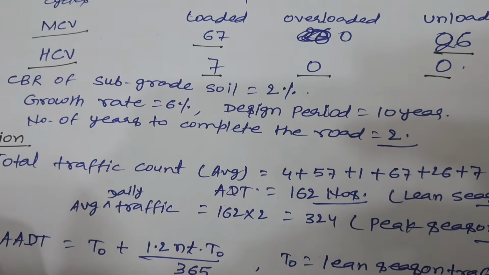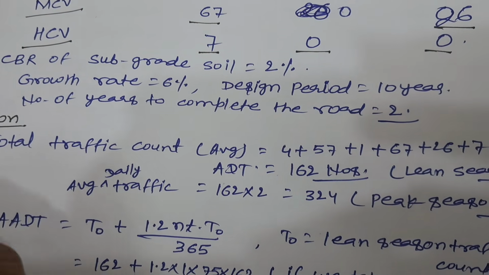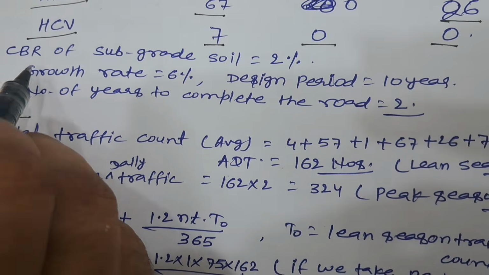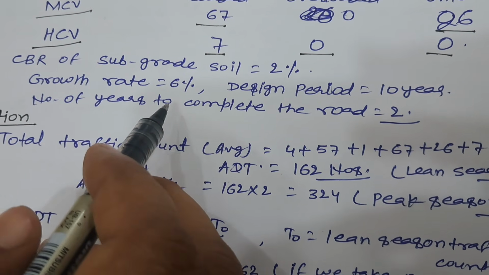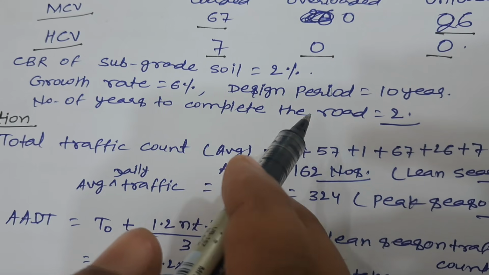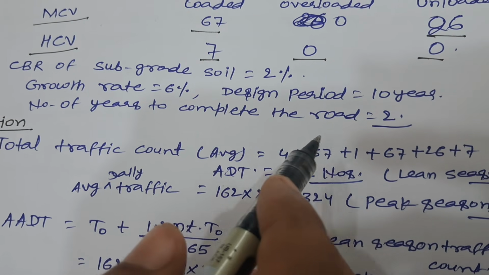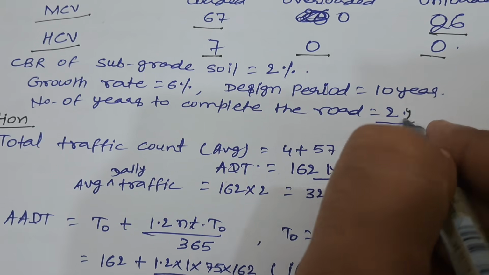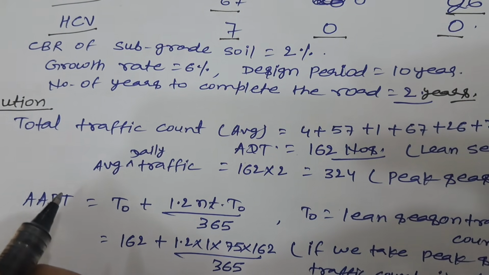Based on this data, we will design flexible pavement. Here CBR of subgrade soil is given as 2% and growth rate of traffic is 6%, design period for flexible pavement is 10 years and number of years to complete the road is 2 years. These are the data we have been given.